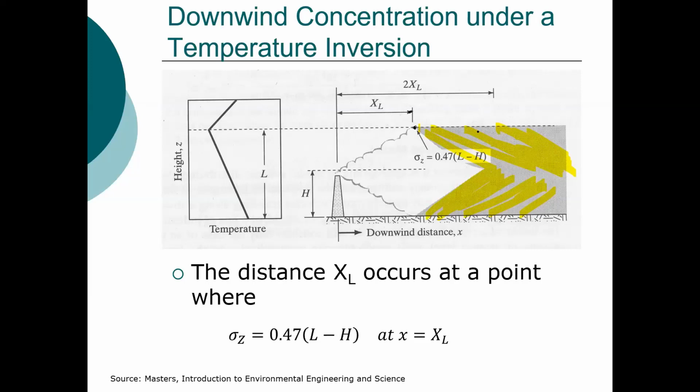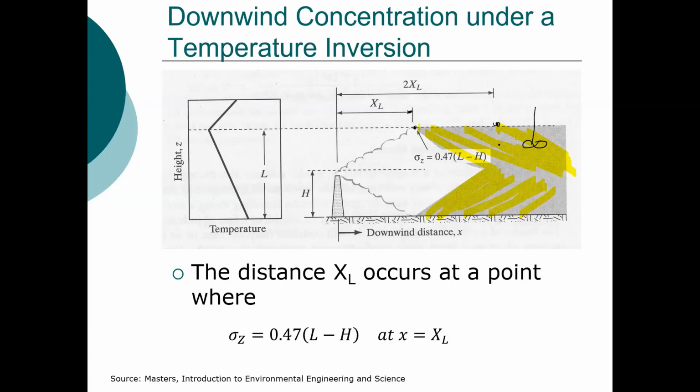We have a point here that we will refer to as 2 times that X sub L distance. And what we will assume here is that we have complete mixing.